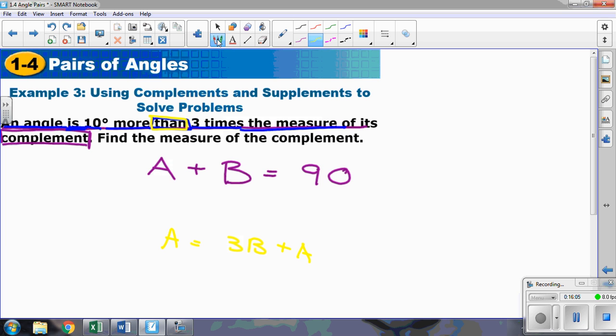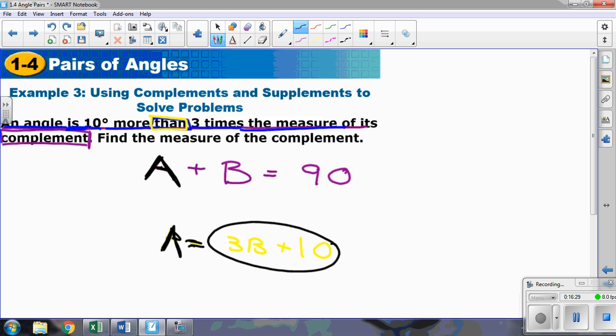Well, where can we put these 2 pieces together then? I wrote down that wrong number. That was not an A, that was a 10. Well, we can easily do substitution here. Right here we have A, and we have A equals.